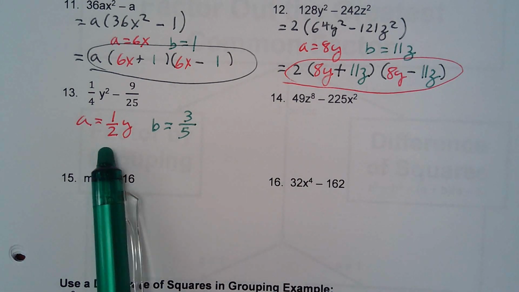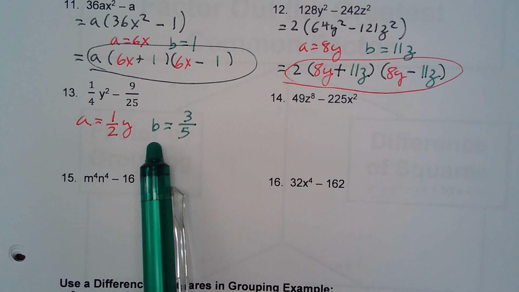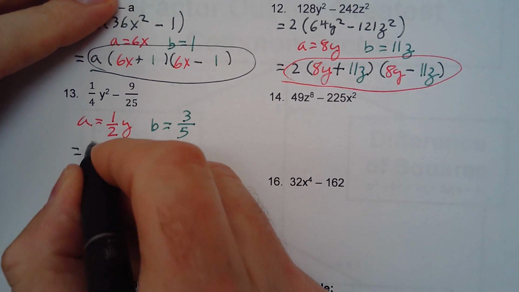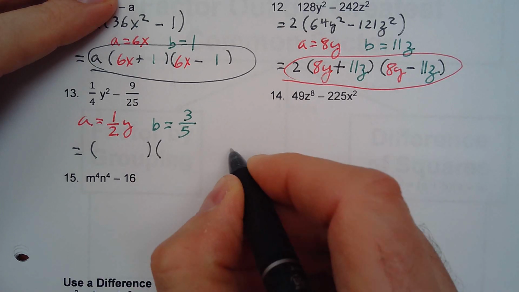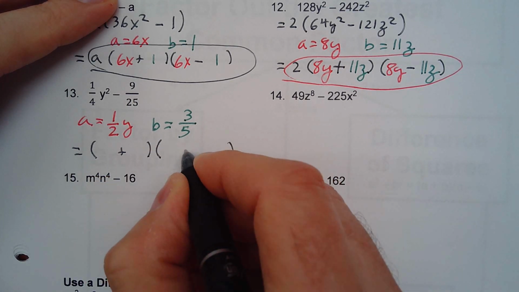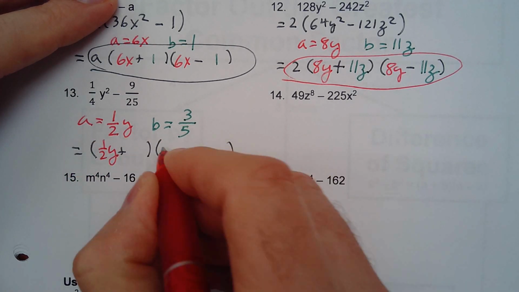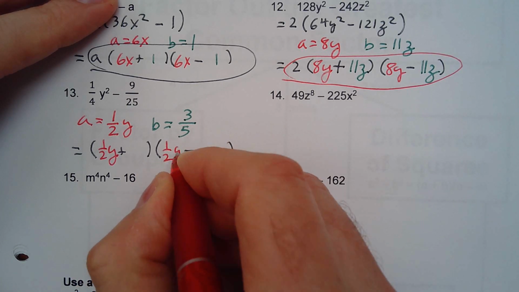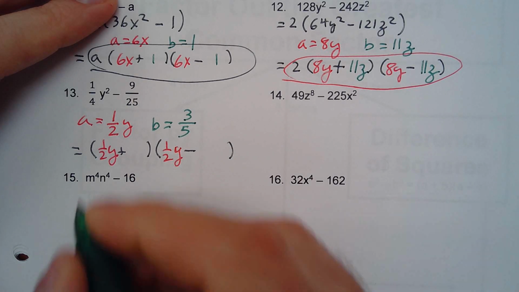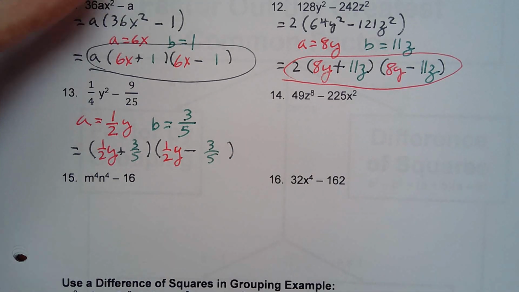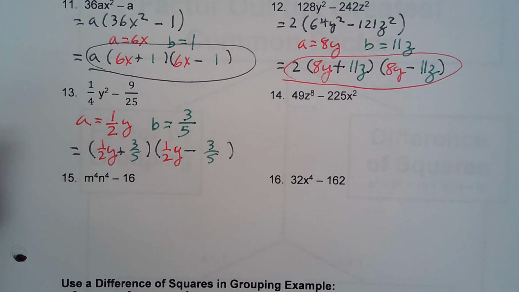So I'm going to use 1/2 y for a and 3/5 for b. So we'll get 1/2 y plus 3/5 for our first binomial, and then 1/2 y minus 3/5 for our second one.